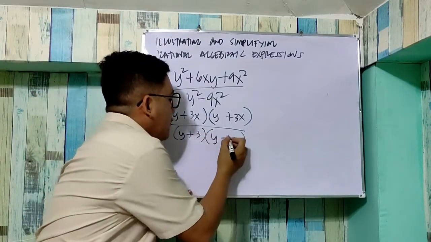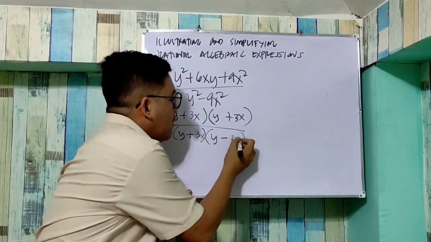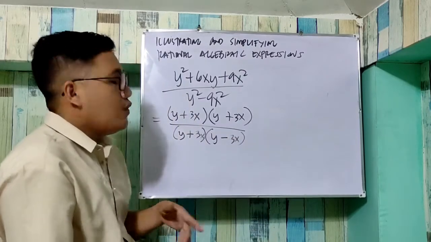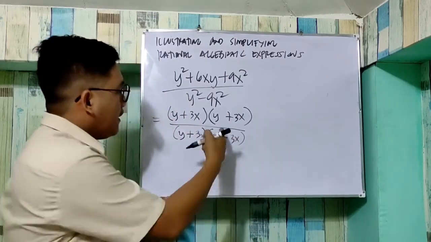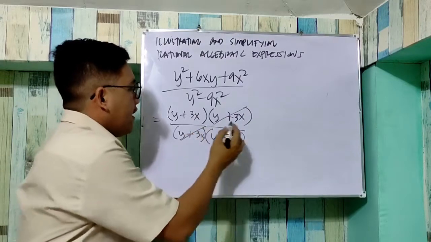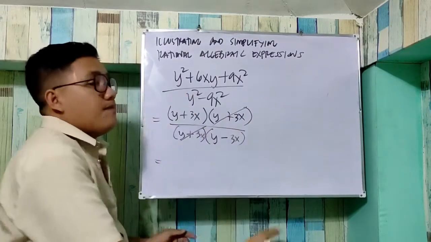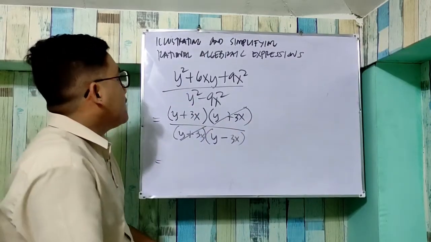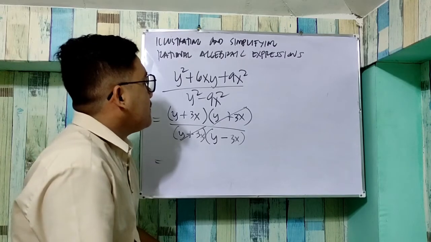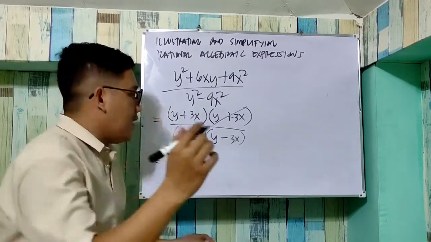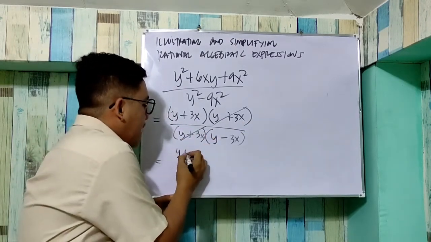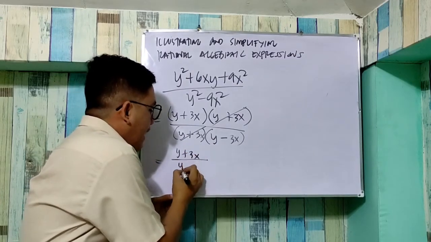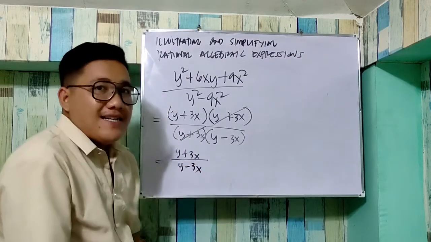So we have 3, we have x squared, we have x squared. So, divide out common factor. May nakita ba kayo? Therefore, the simplest form of y squared plus 6xy plus 9x squared over y squared minus 9x squared is y plus 3x over y minus 3x.